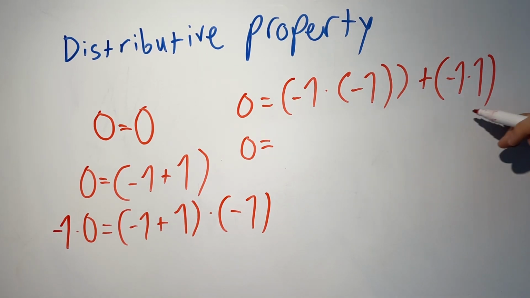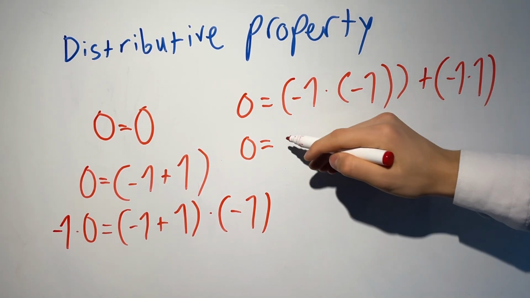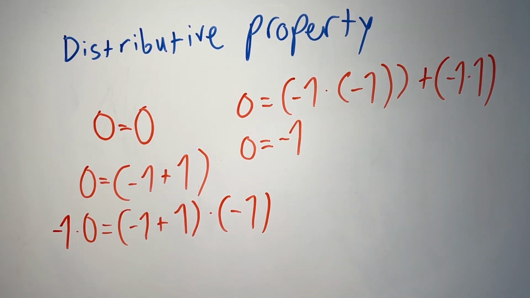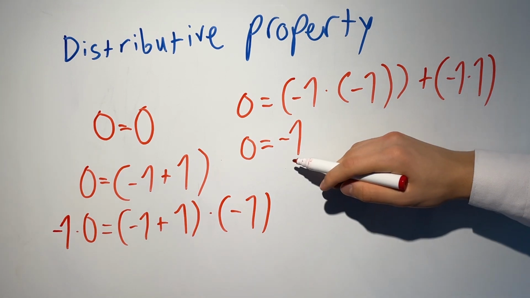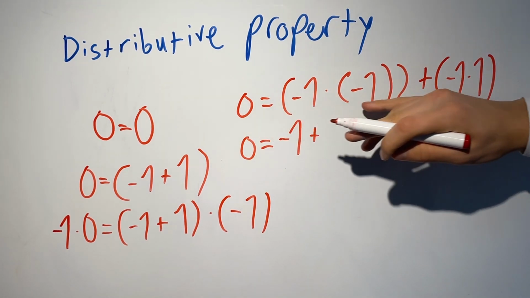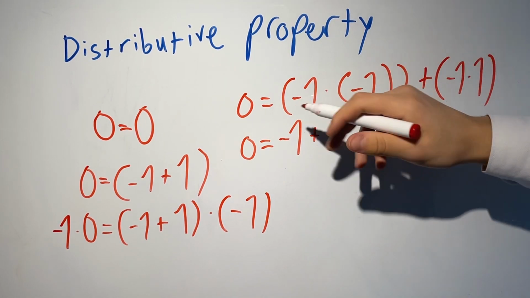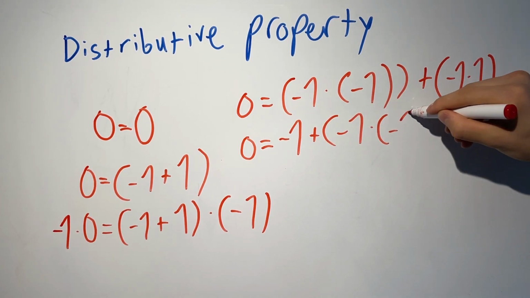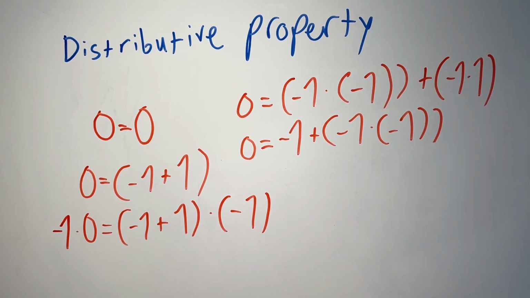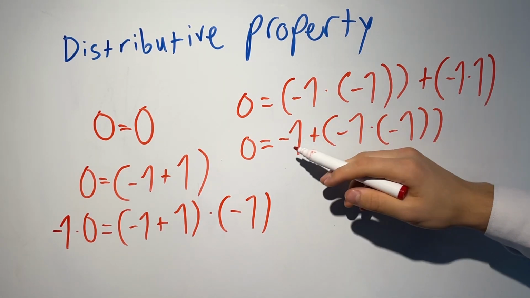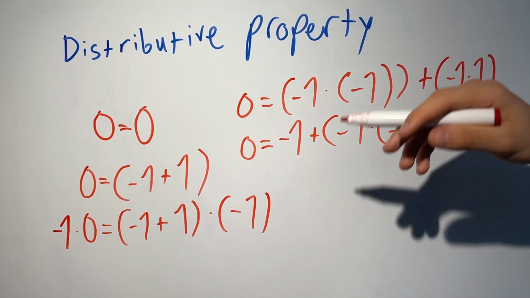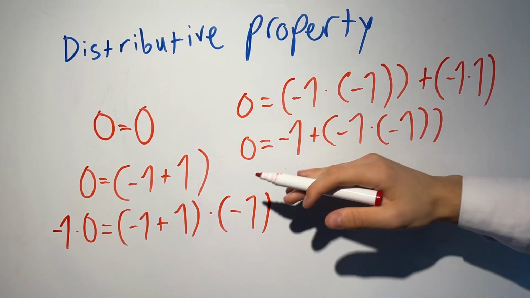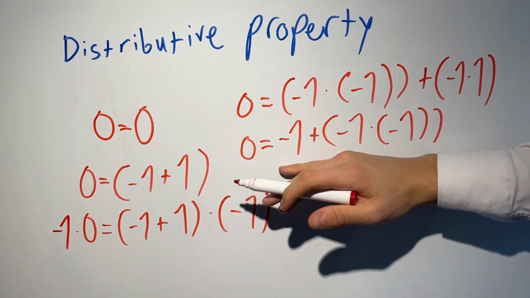Next, let's do this because we already know what is negative 1 times 1. And it is just negative 1, right? So let's put it here. We have -1 plus, and this thing, because let's say we don't know the answer yet, -1 times -1. Now the magic happens. As you can see, we have -1 here. We can add 1 to both sides, which will get rid of this -1.